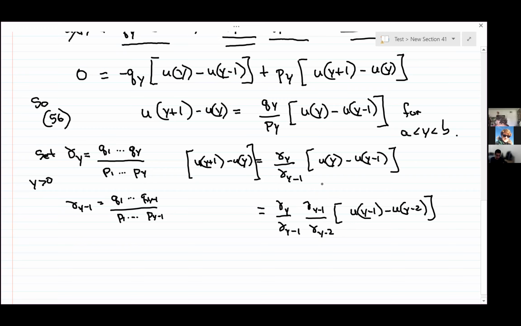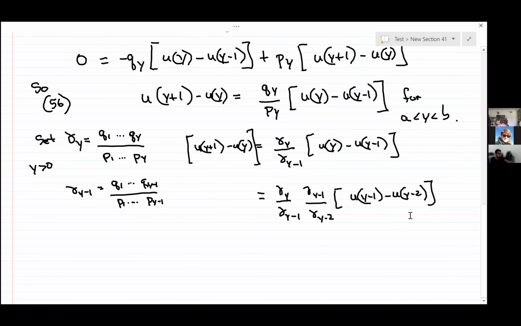And if this makes sense, and I hope it does, we keep doing that. We keep replacing this difference so that the difference occurs one step below where it is now. So the next one would be u(y-2) minus u(y-3).